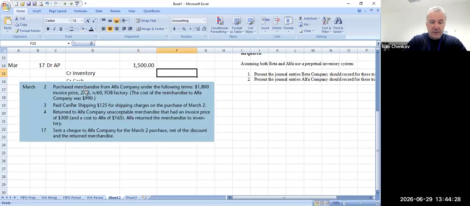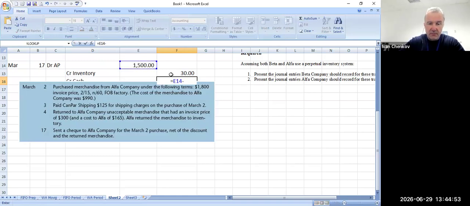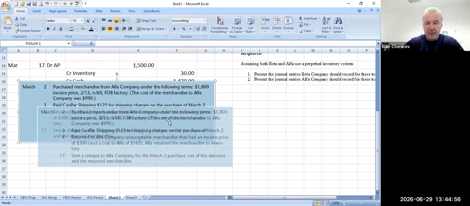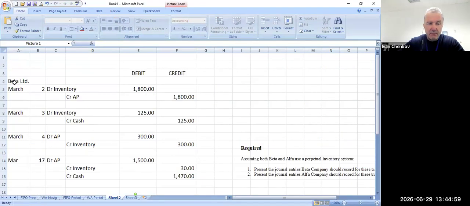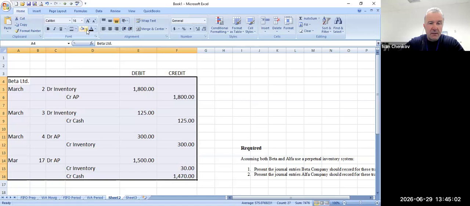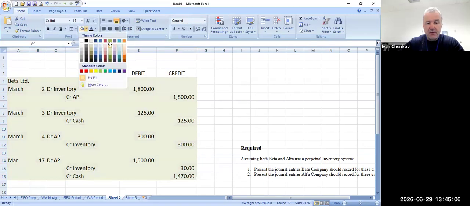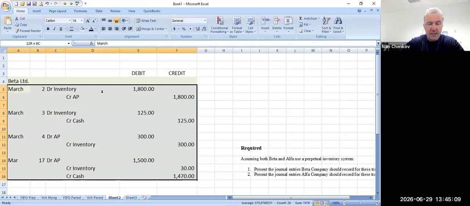That will be reducing with 2% of 1,500, which is 0.02 times 1,500. We're going to get a $30 reduction in our inventory, and we're going to pay the remaining, which is going to be equal to this one minus the $30, and we're going to get the payment. Now that's for the Beta company, right? That's what this company is going to do. Now the question is what the company on the other side is going to do.